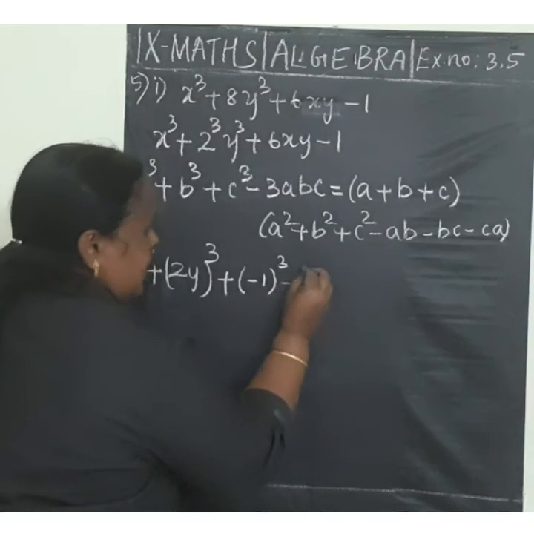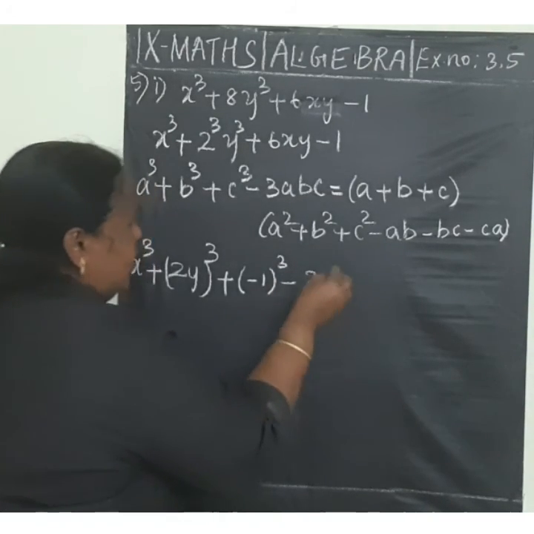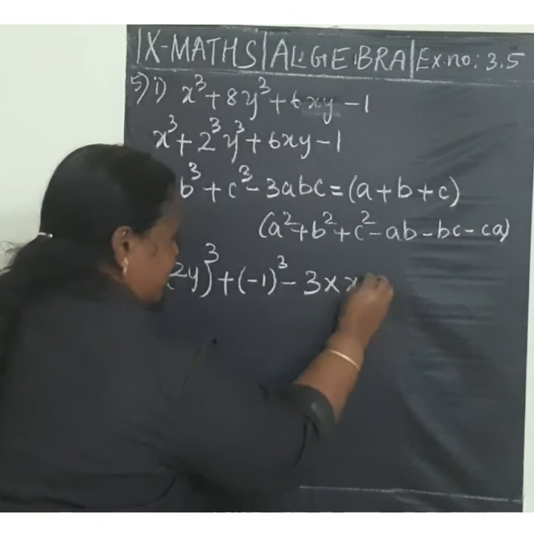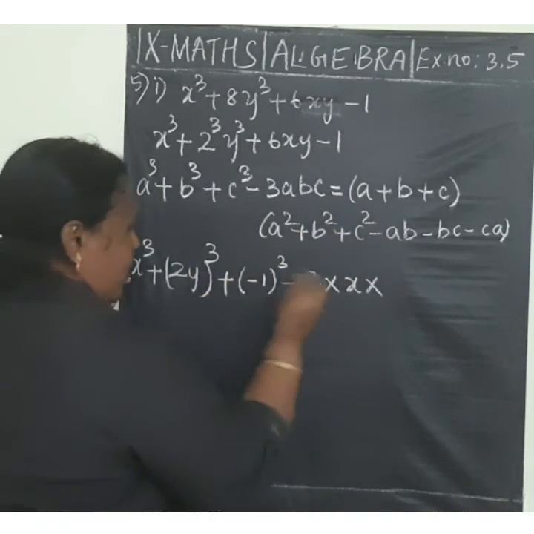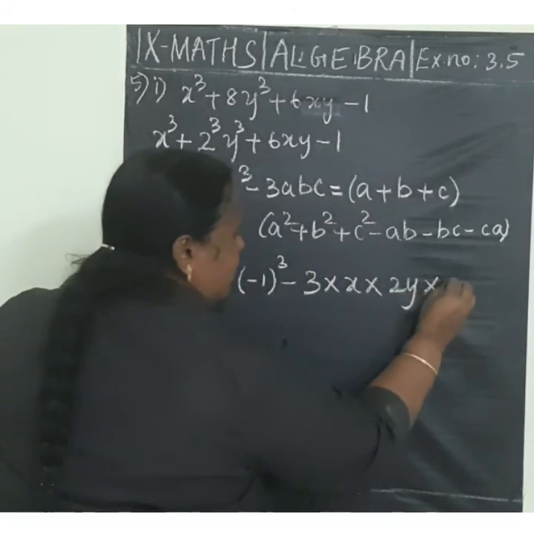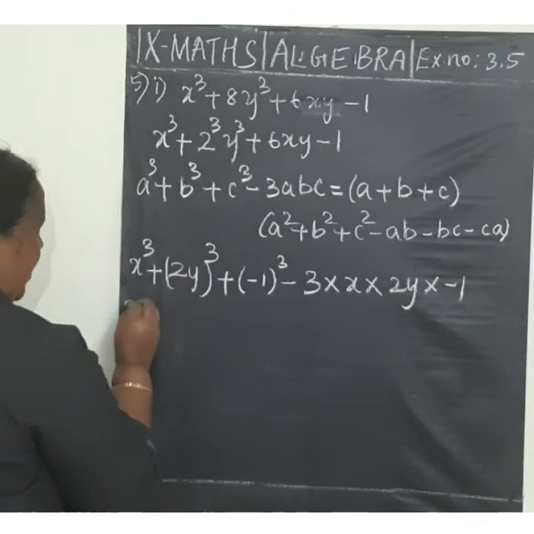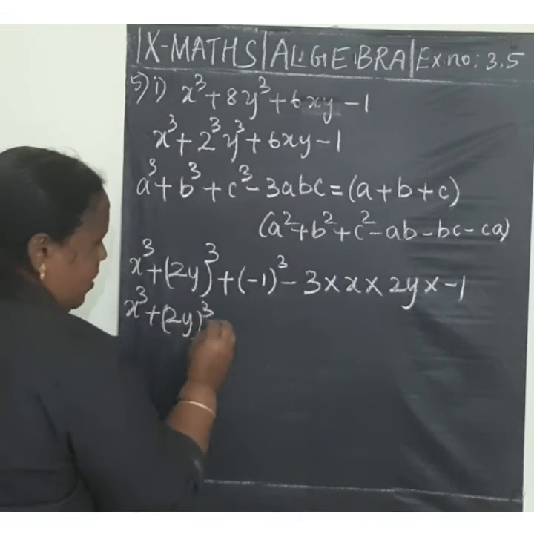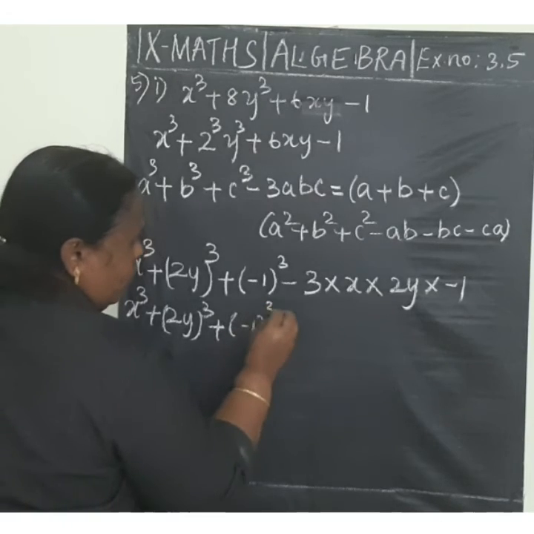Here minus 3 into, now we have taken a as x, b as 2y, c as minus 1. So we will be getting x cube plus 2y the whole cube plus minus 1 the whole cube.